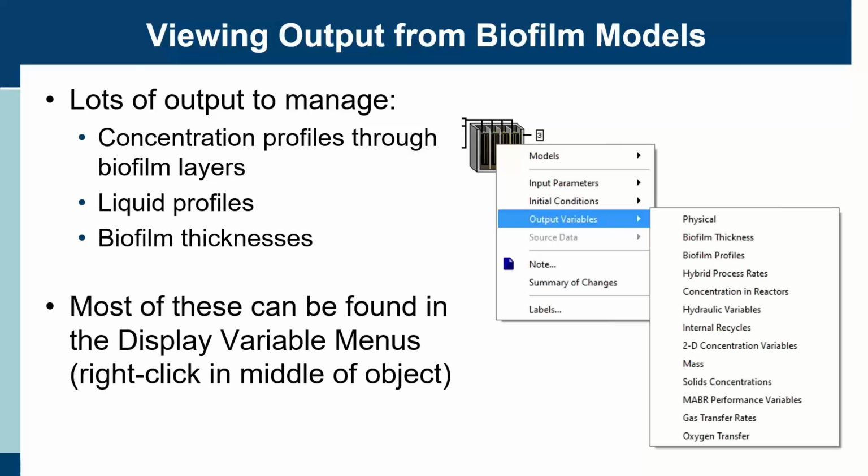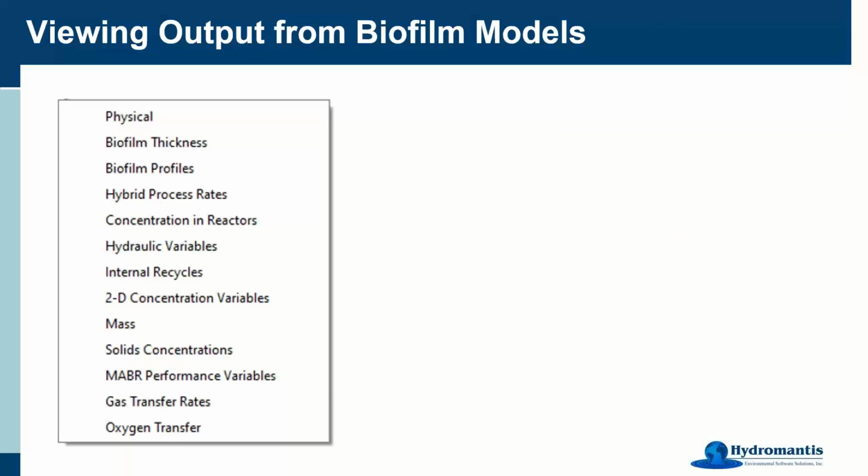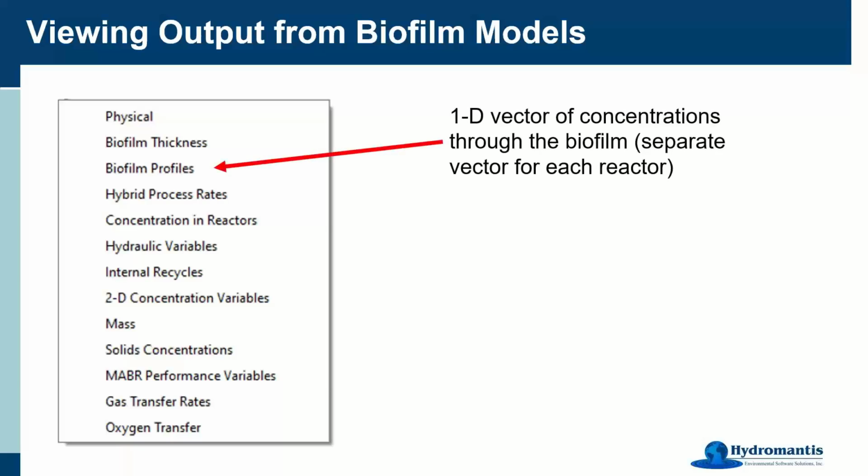Nonetheless, it is a lot of details and lots of information to manage, but there's very rich information to be able to put on your graphs and take a look at. And we're going to do that here in this demonstration in a moment. The ones that I think are the most useful are to look at the biofilm profile. That's one-dimensional, and we're going to show it as a bar graph, a one-dimensional vector of concentrations through the biofilm.